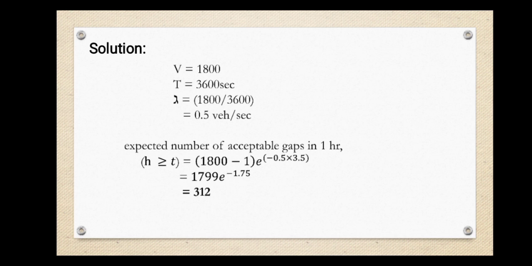So calculate the expected number of acceptable gaps in 1 hour using equation 6.54. We have the frequency of h greater than or equal to T is equal to 1,800 minus 1 times e to the power of negative 0.5 times 3.5. So it is equal to 1,799 times e to the power of negative 1.75, or 312.